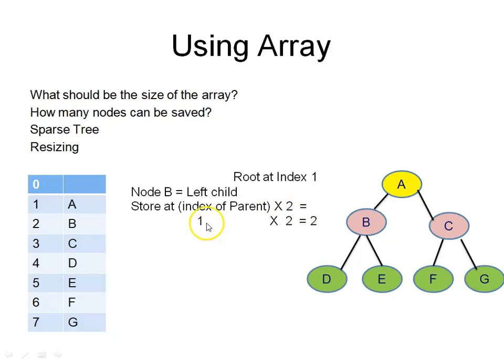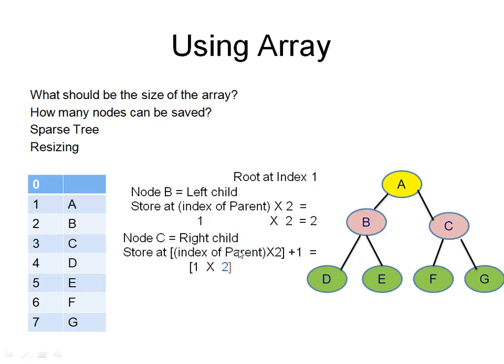The index of the parent is 1, multiplied by 2, so we store it at position 2. We can see here at position 2 we have B. Then where do we place C, which is the right child of the root? We store it at the index of the parent into 2 plus 1. So at the third position we have the child C of the root A.